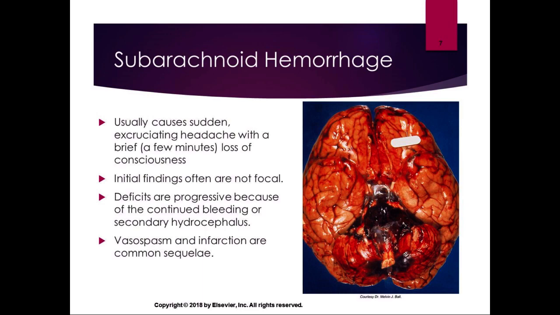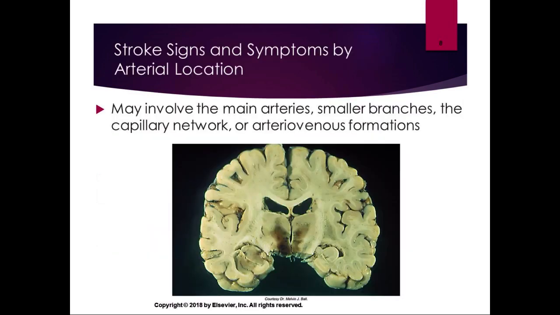The deficits are usually progressive because of continued bleeding or secondary hydrocephalus. Vasospasm and infarction are common sequelae, which means they happen after a subarachnoid hemorrhage. So this is a really serious progressive stroke that can cause serious other problems later on.